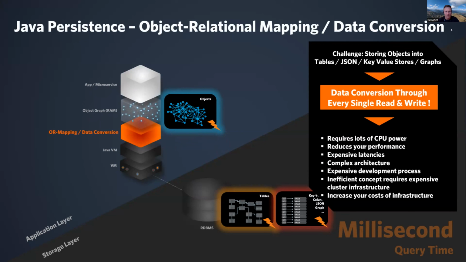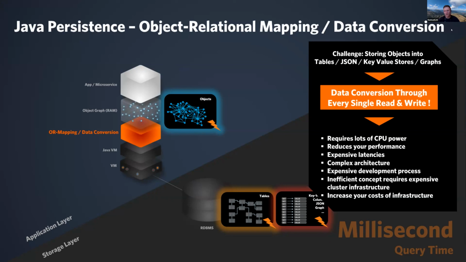There is a standard in Java called Java Persistence API or Jakarta Persistence API, and Hibernate is the de facto standard here. Unfortunately, this mapping and data conversion behind the scenes leads to latencies.